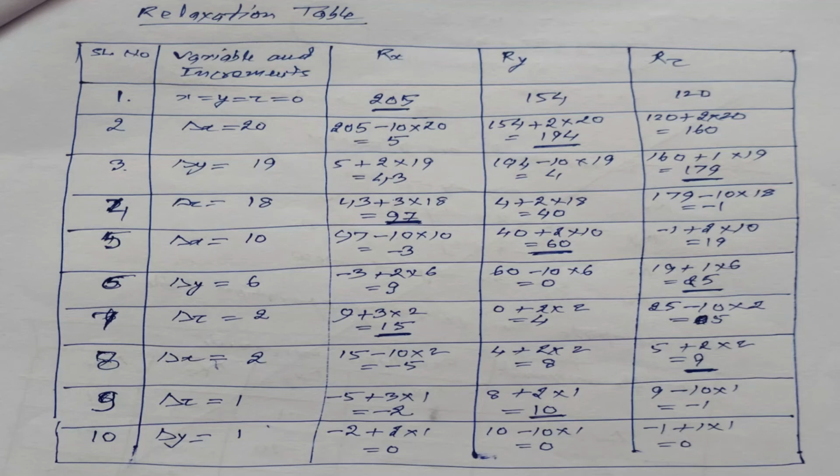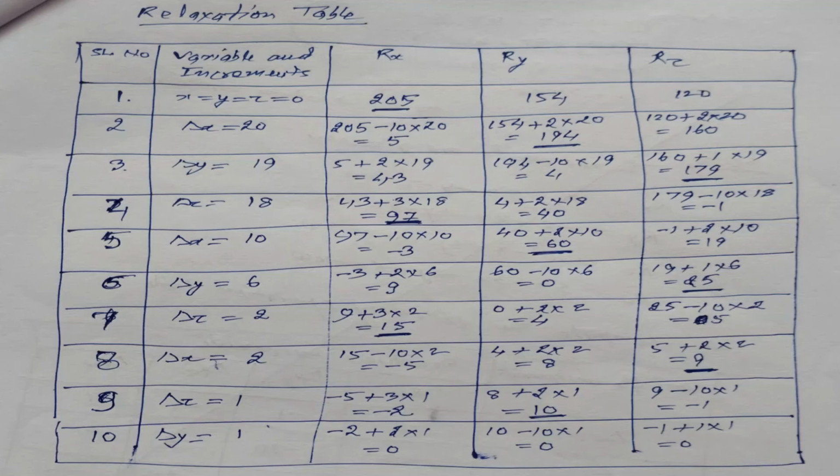So we have to decrease 205 to a very low number, very near to 0. So we take delta x equal to 20, since in the Rx column of the operation table, there is minus 10.